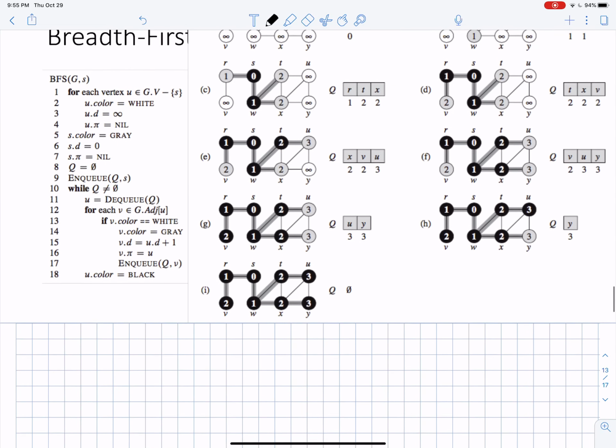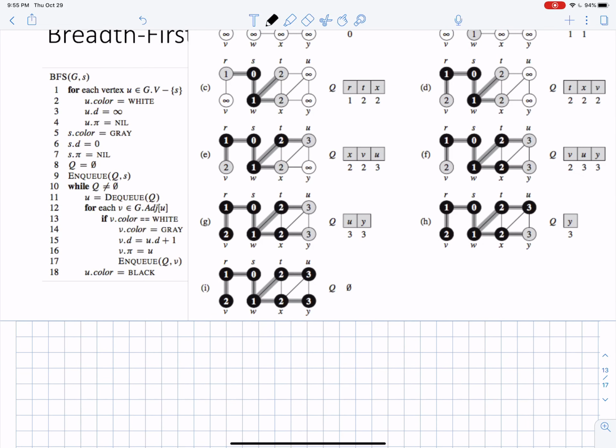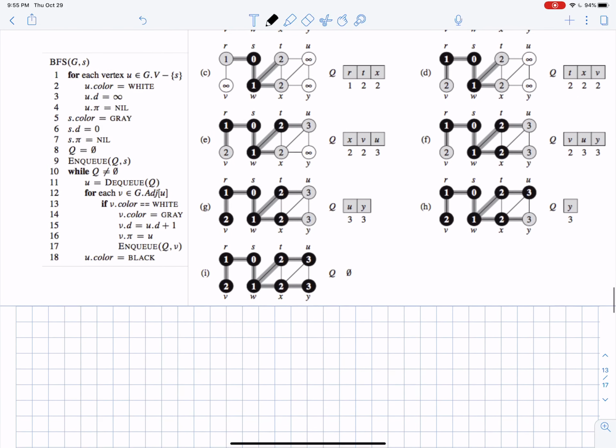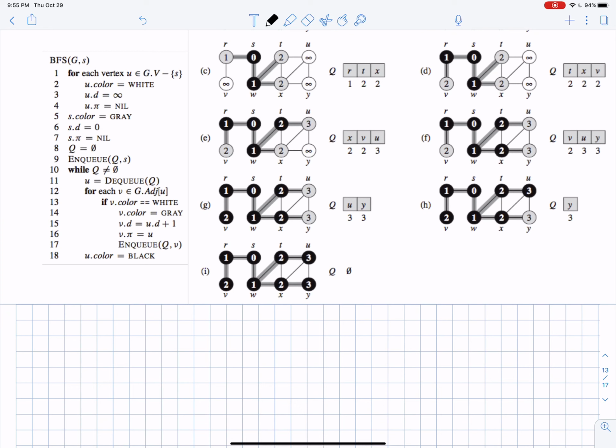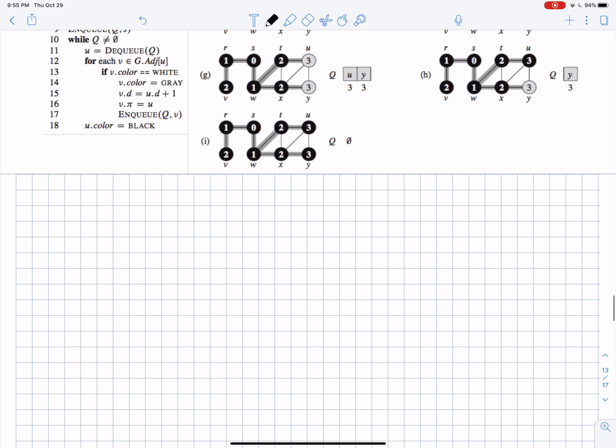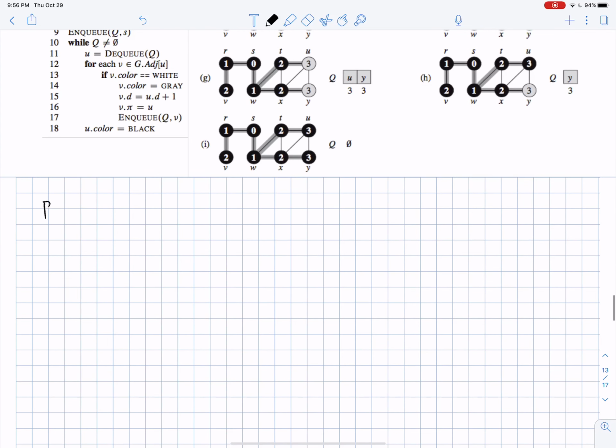Next, my main task today is to explain why and how this algorithm works. I'm going to use an example to go over it. So let's say we have BFS(G, s).